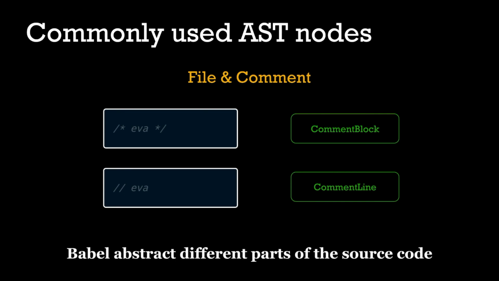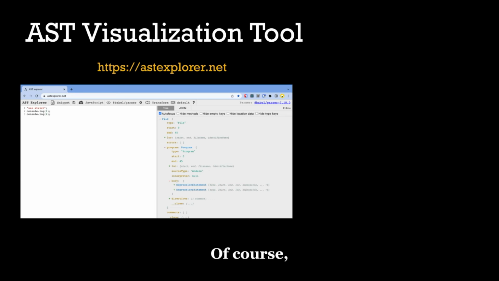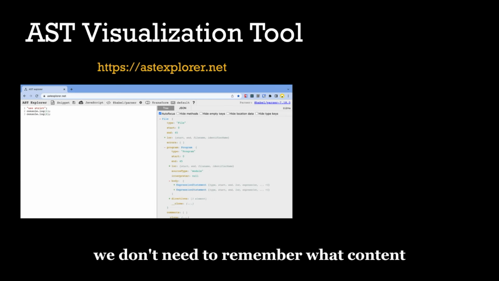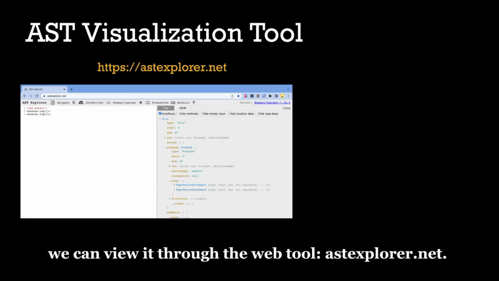And these are some common AST node types. Babel abstracts different parts of the source code through these nodes. And of course, we don't need to remember what content corresponds to what AST node. We can view it through the web tool astexplorer.net.